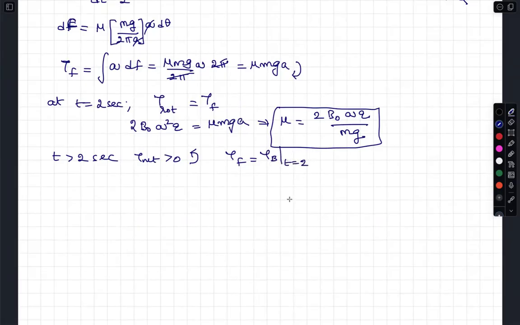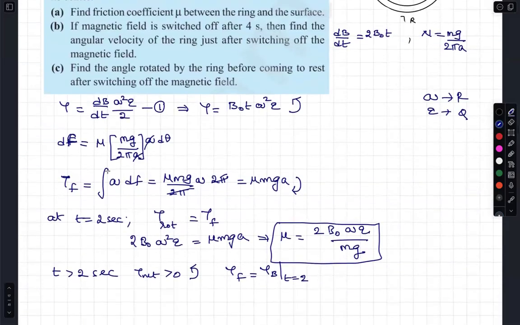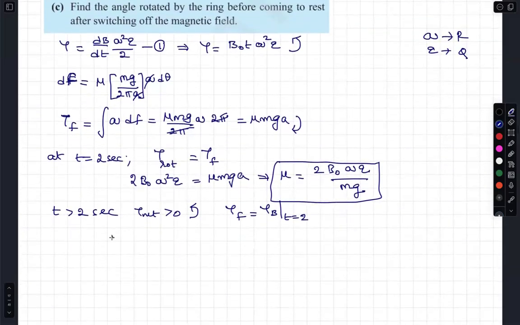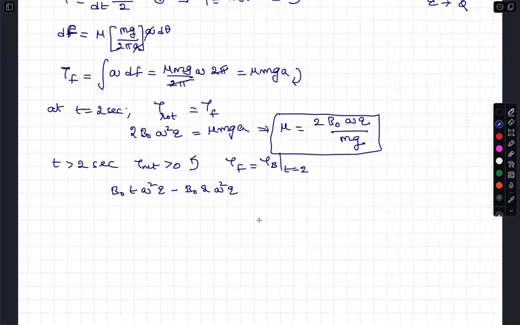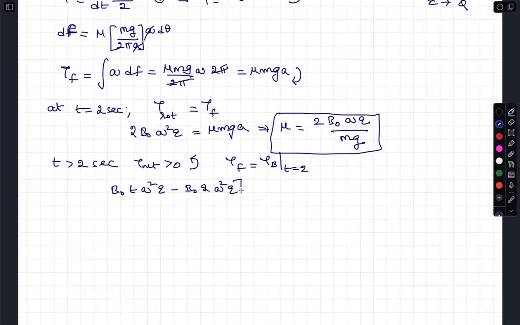Thereafter, friction is constant. So I can write like this: B naught t a square q minus B naught 2 a square q. I'm not cheating you. You agreed with me here. That is the net torque.